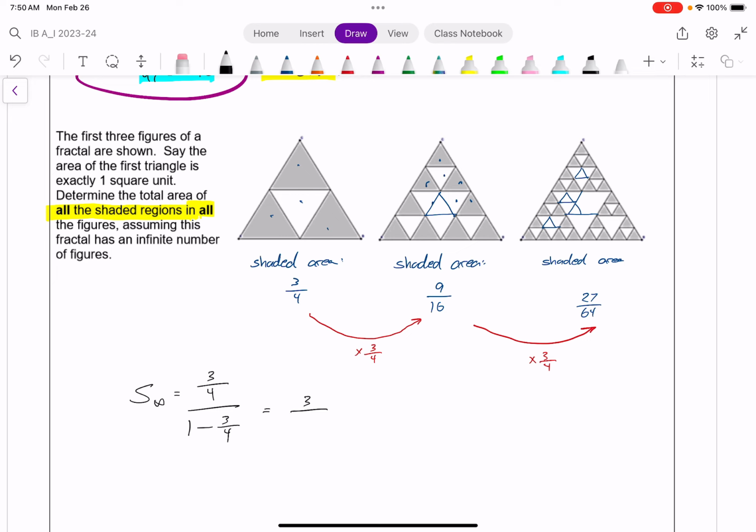That is the same as 3/4 divided by 1/4, which is the same as 3/4 times 4/1, which is quite pleasant. It's just exactly 3. So 3 square units.